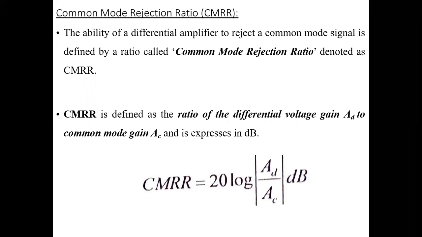The ability of a differential amplifier to reject a common mode signal is defined by the ratio called the common mode rejection ratio, denoted CMRR. CMRR is defined as the ratio of the differential voltage gain AD to the common mode gain AC and is expressed in dB. So CMRR equals 20 log (AD divided by AC) dB.